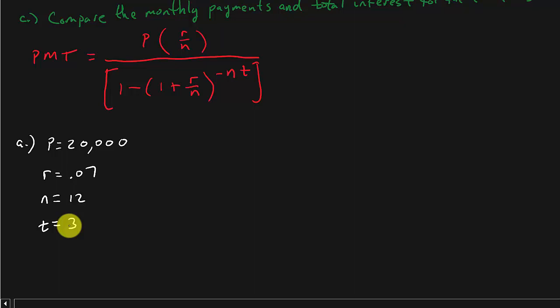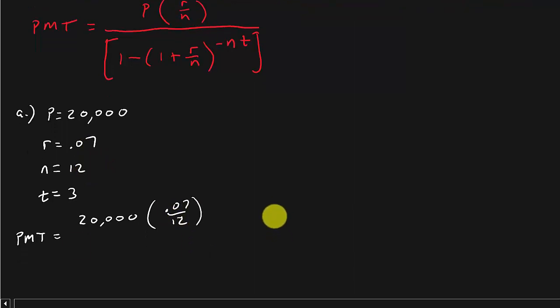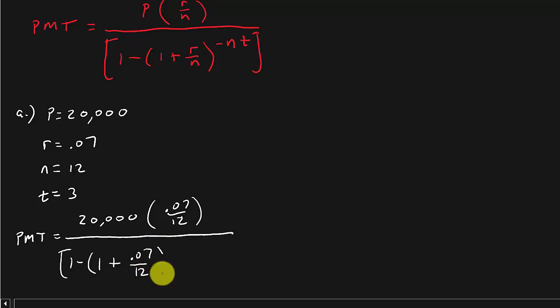Now all I'm going to do is plug all of this into our formula. So I get my payment to be 20,000 times R over N, so that's 0.07 over 12, divided by 1 minus 1 plus R over N, so that's 0.07 over 12, raised to the negative N, which is 12, times T, which is 3.